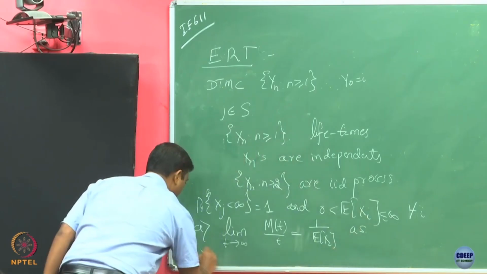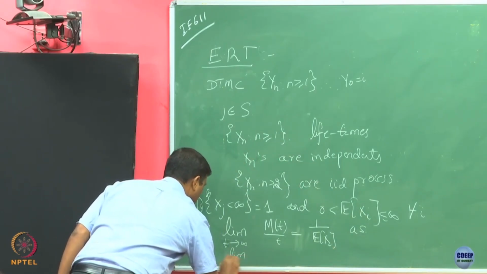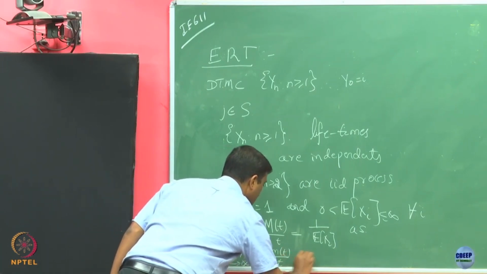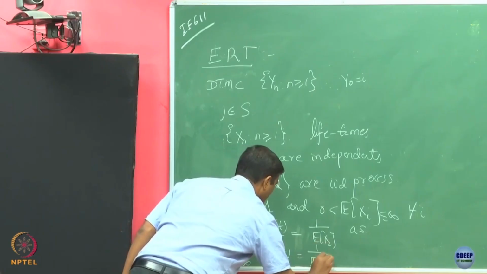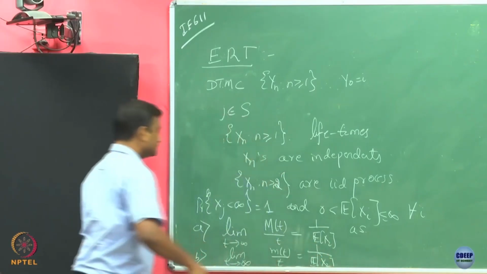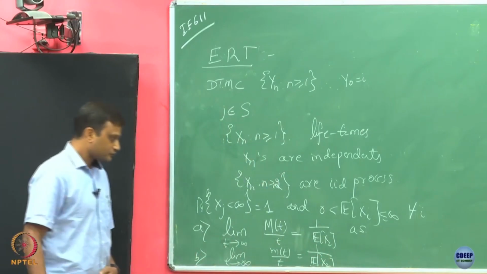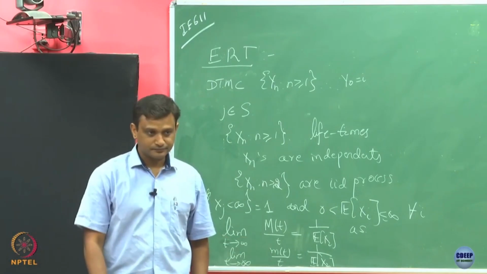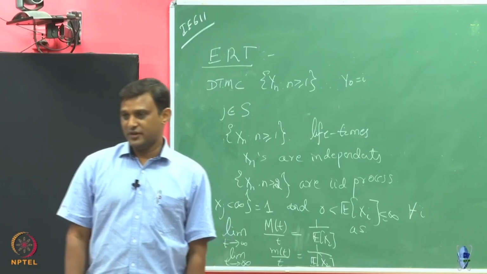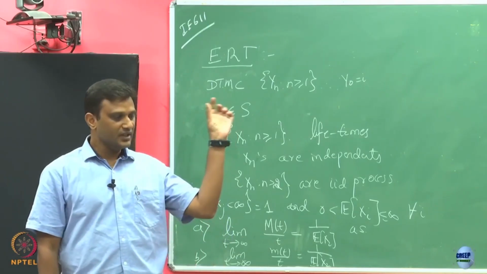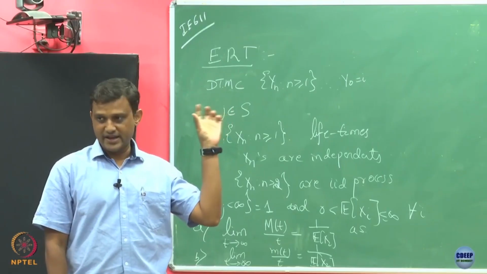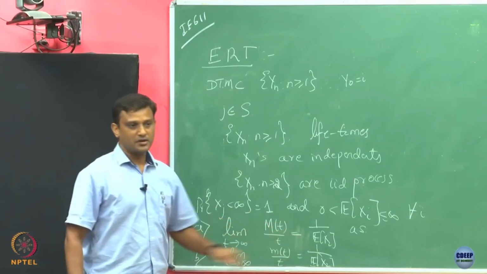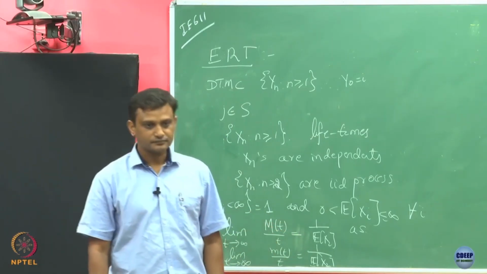What this result basically says is that the average number of renewals in any interval converges to this rate, which is given by 1 upon expectation of x2.